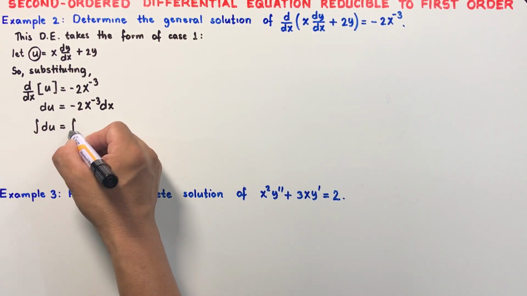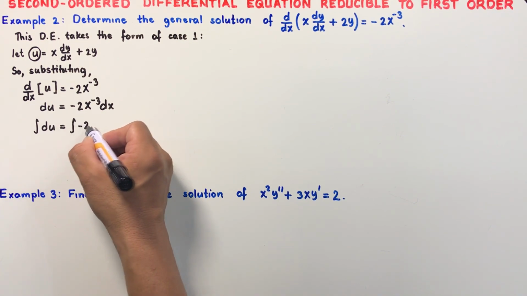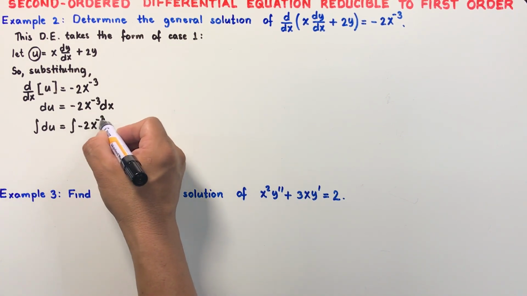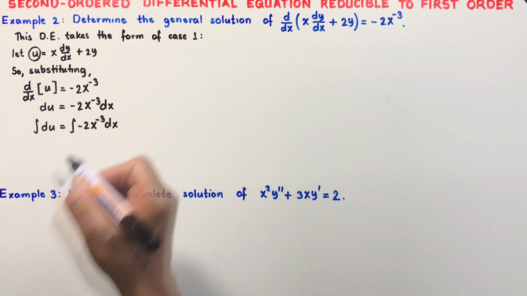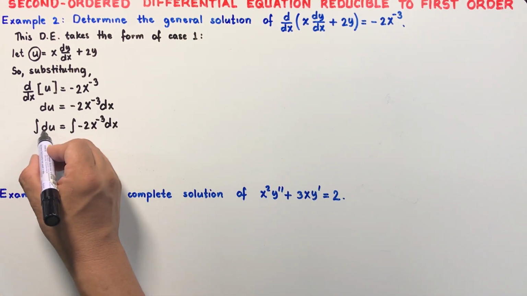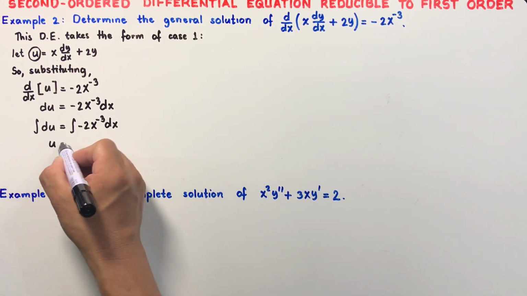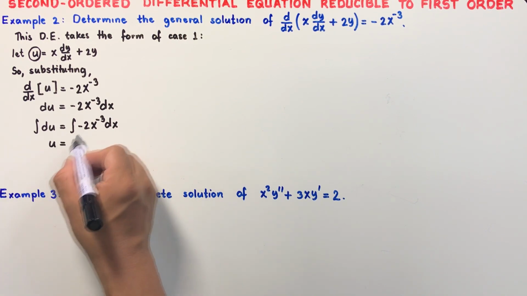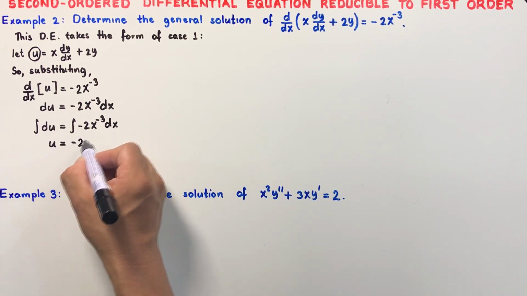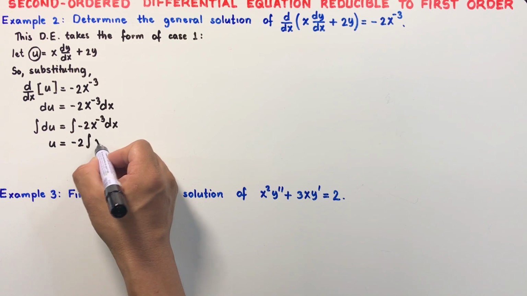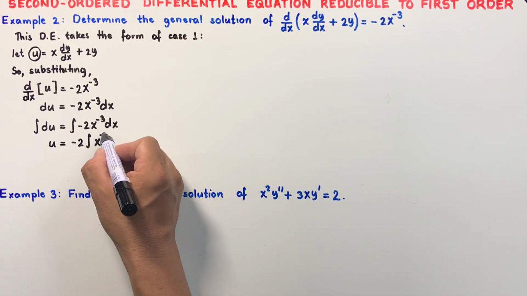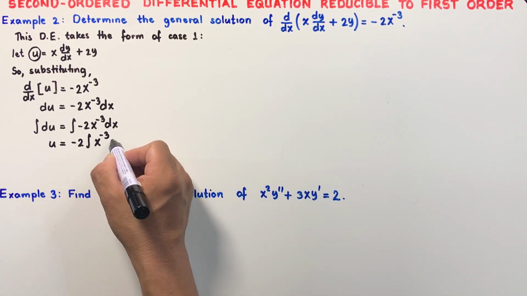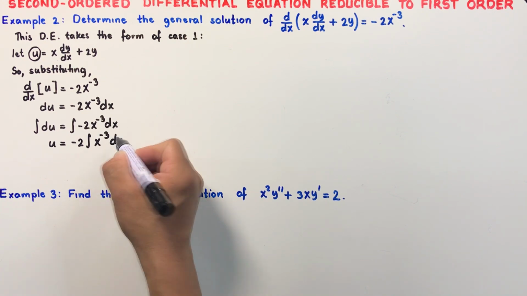So this is the integral of negative 2x to the power negative 3 dx. And we know that the integral of the differential cancels each other. But we can factor out the negative 2 outside the integral symbol. We have negative 2 times the integral of x to the power negative 3 dx.